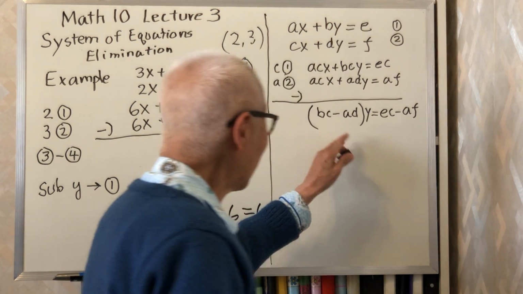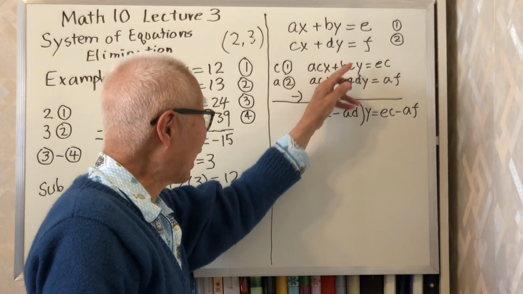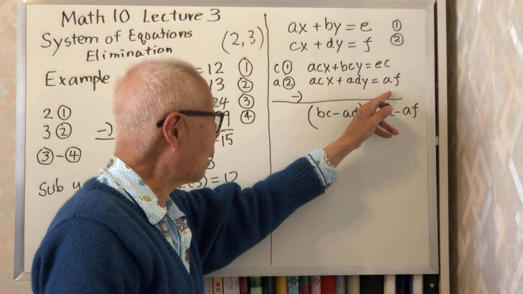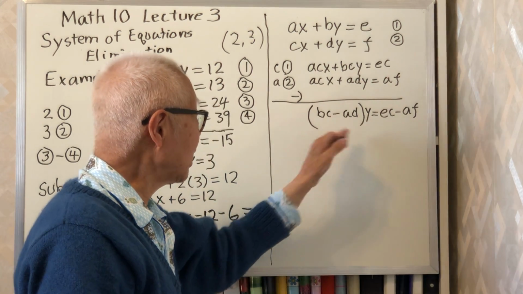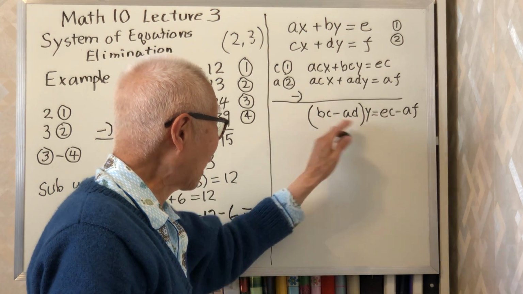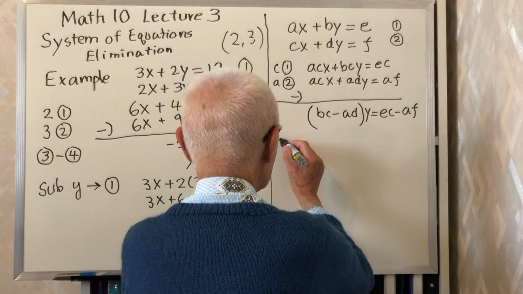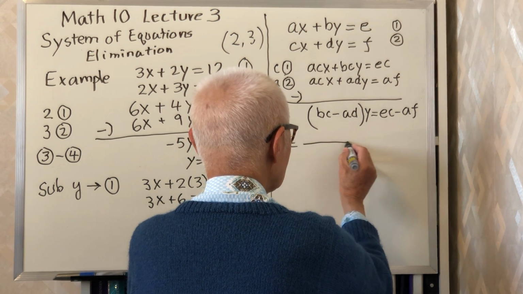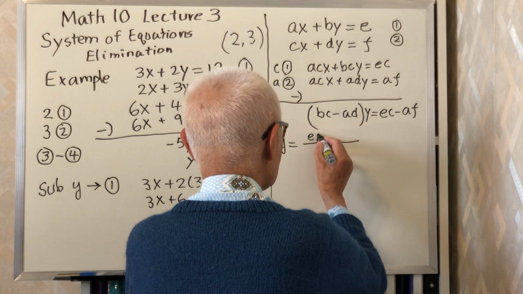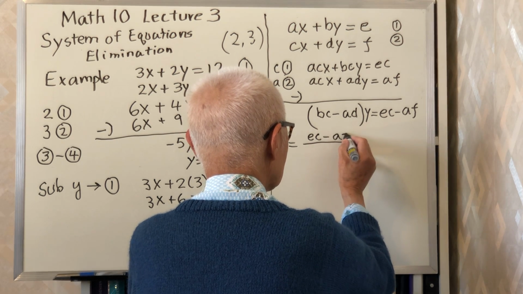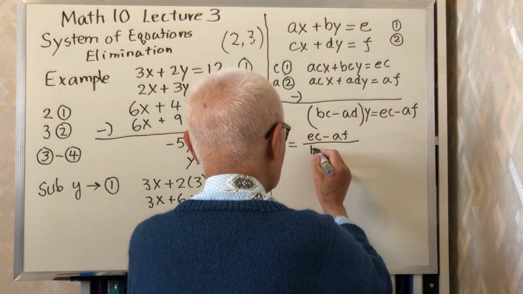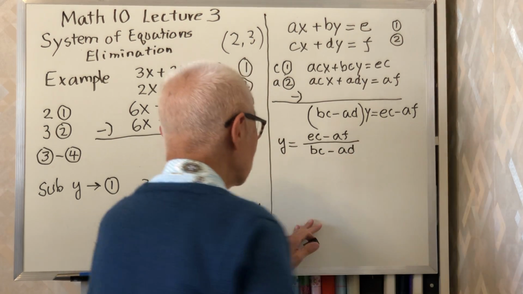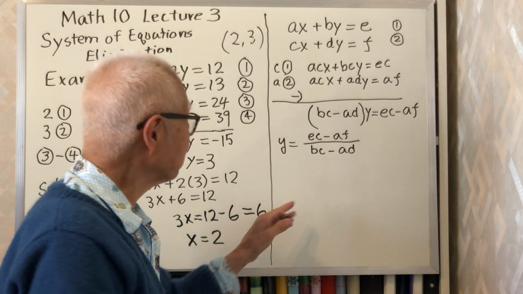So I have this minus that, times y equals this minus that. Okay, y is, divide this by that. So this is my y.